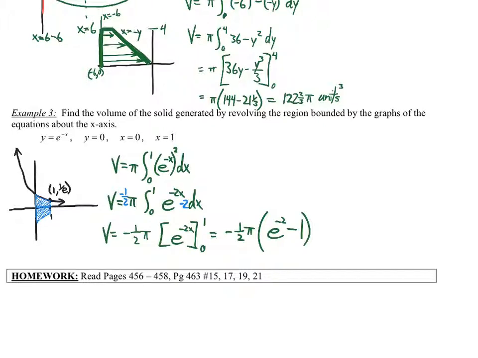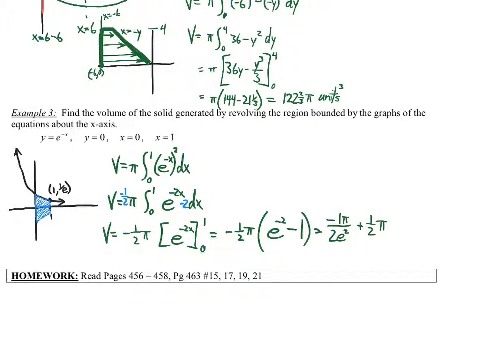Don't we just stop there? Looks pretty good to me. We've got negative pi over 2e squared plus 1/2 pi.